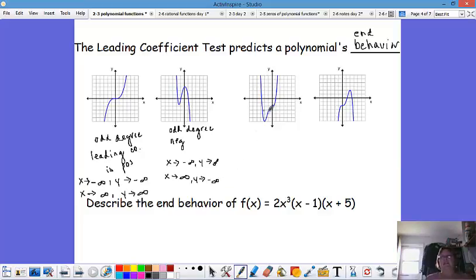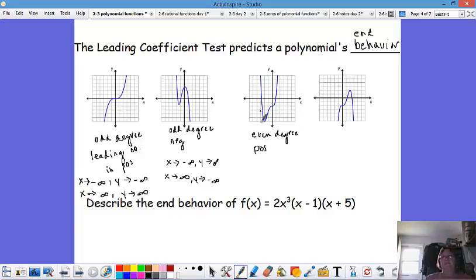Our next model has up end behavior. Oh yeah, I didn't say that here, but I could have. This one is an up-down model. Up-down, odd degree with negative leading coefficient. This one has even degree. And this one is a positive leading coefficient.